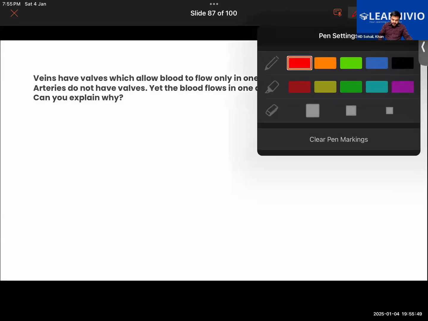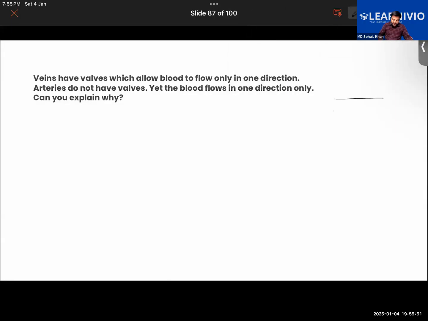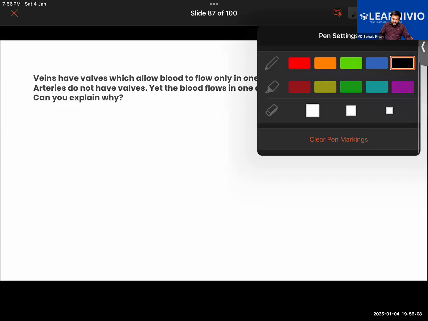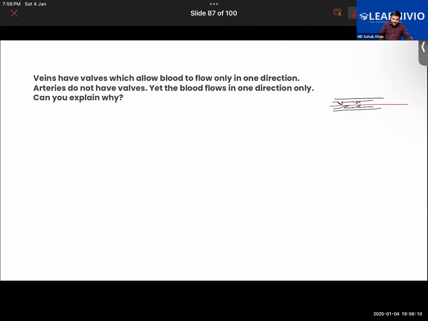See, when we take a look at the structure of the veins, veins have got structures like these in them. These kind of structures are present inside the veins. They stop the flow of blood in the opposite direction. Suppose the blood is supposed to be moving in this direction.